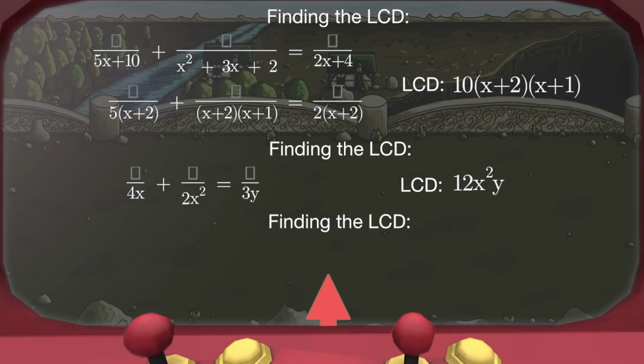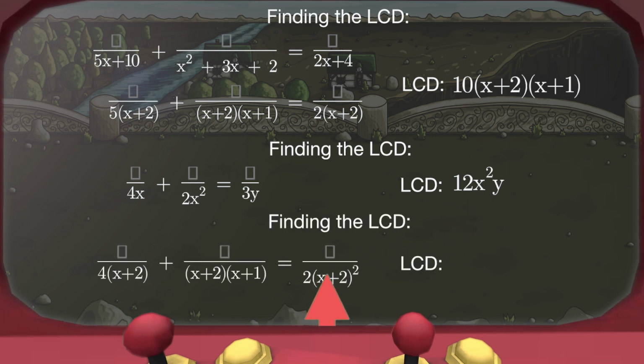Now, the third example. Here we have the equation, and it's already factorized. So all that we need to do is find the lowest common divider. We start with the coefficients, which are 4 and 2, and the lowest common multiple between 4 and 2 is 4.